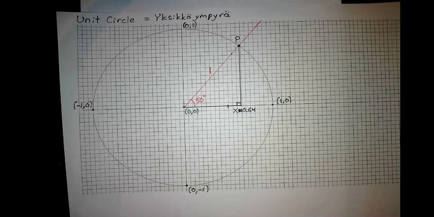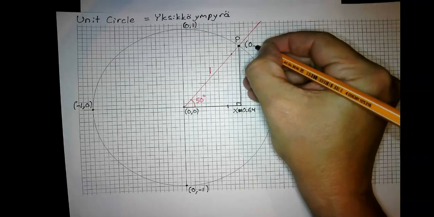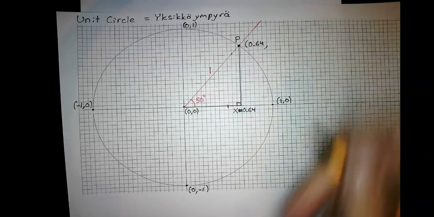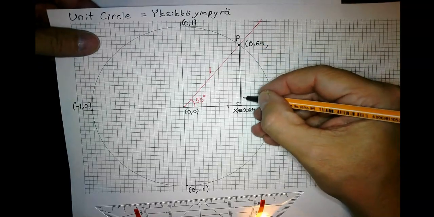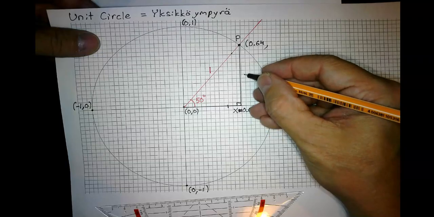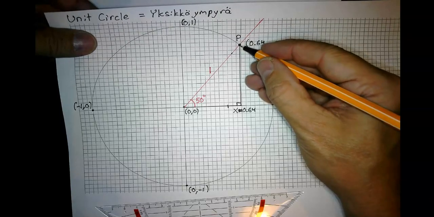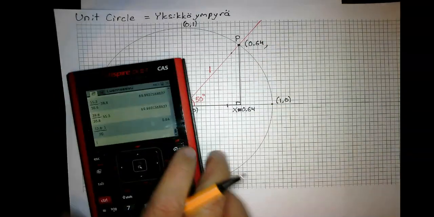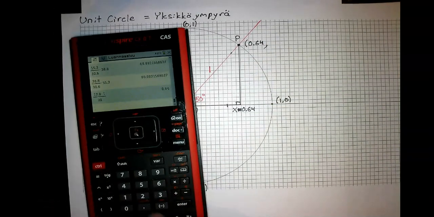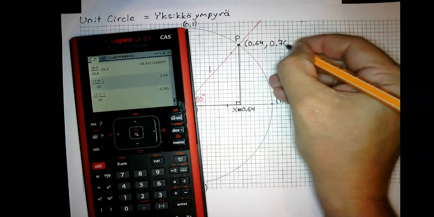And let's do the same with the y coordinate. So this point has coordinate 0.64, and the other one is this y coordinate: 2, 4, 6, 8, 10, 12, 14, 15, probably about 15.3, I would say. 15.3 times 1 divided by 20 is about 0.765.